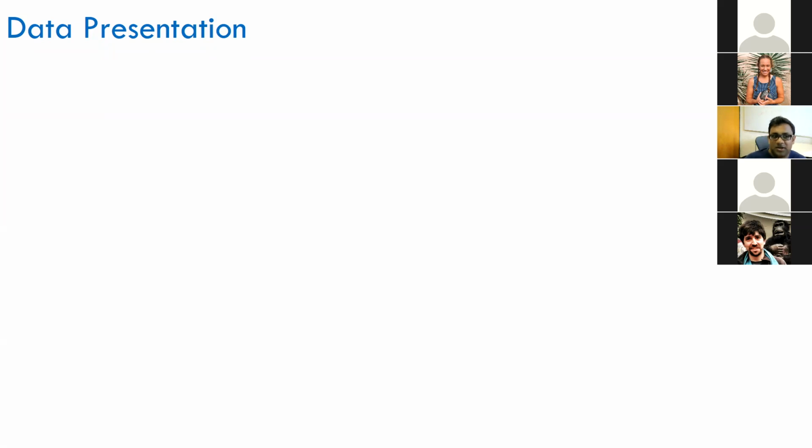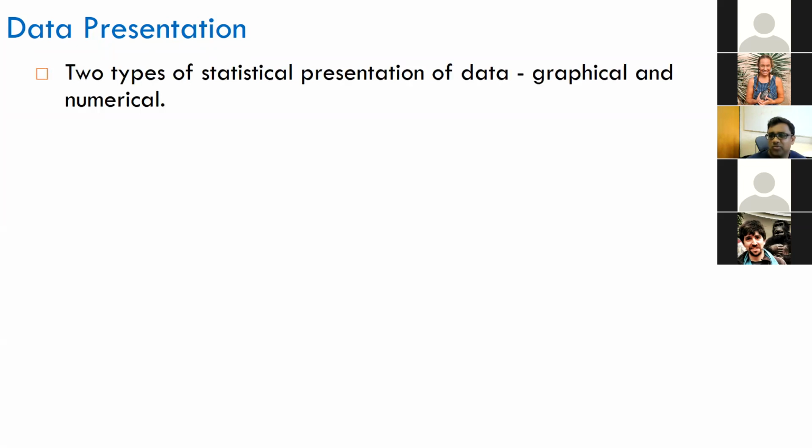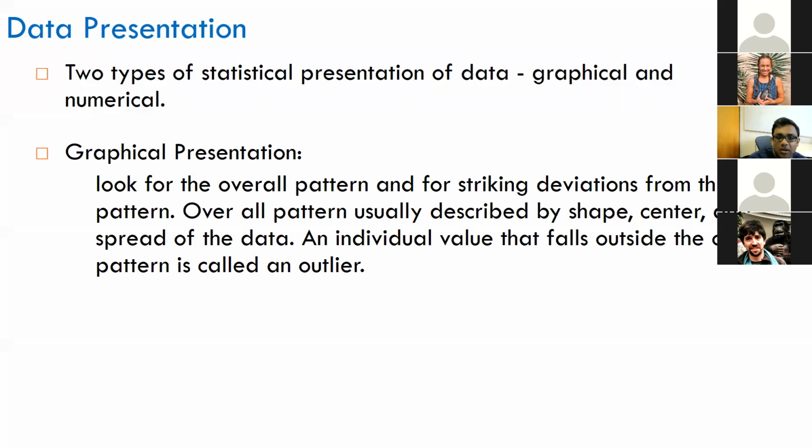To present your data, you can use two methods. You already know them. You can use the graphical representation or the numerical, the table format. So that's how you need to present them. Basically, with graphical representation, you get the overall pattern, and then the shape, the center, how it changed. So you can do it before you do any analysis.